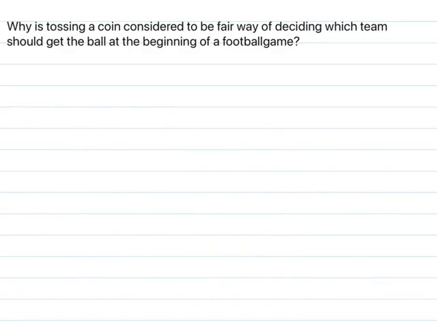Why is tossing a coin considered to be a fair way of deciding which team should get the ball at the beginning of a football game? Now when we have a coin, we just have two options.